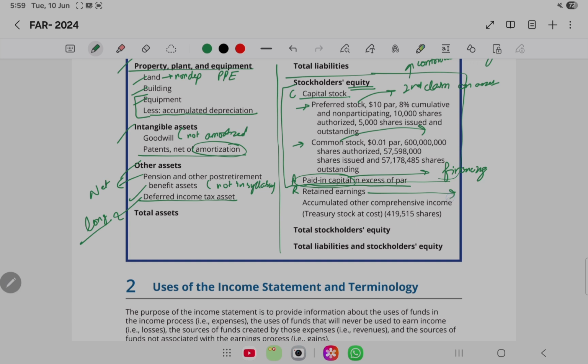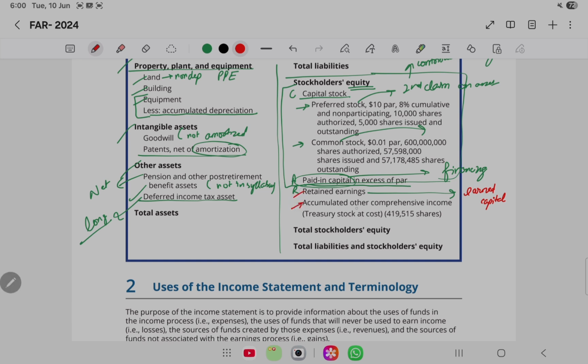Now retained earnings is called earned capital. Why? Because whatever profit we have earned through the year comes under retained earnings.